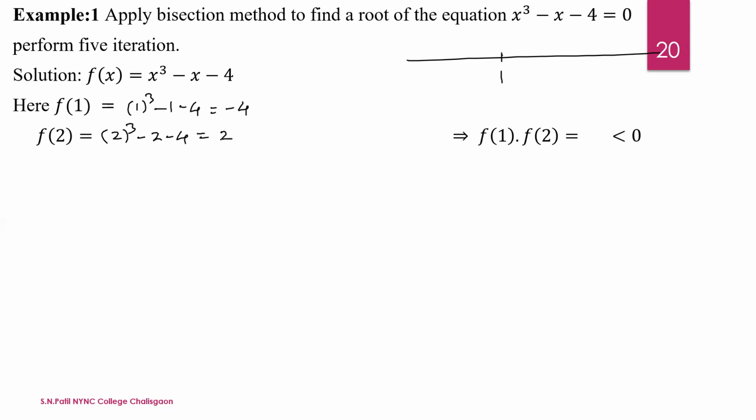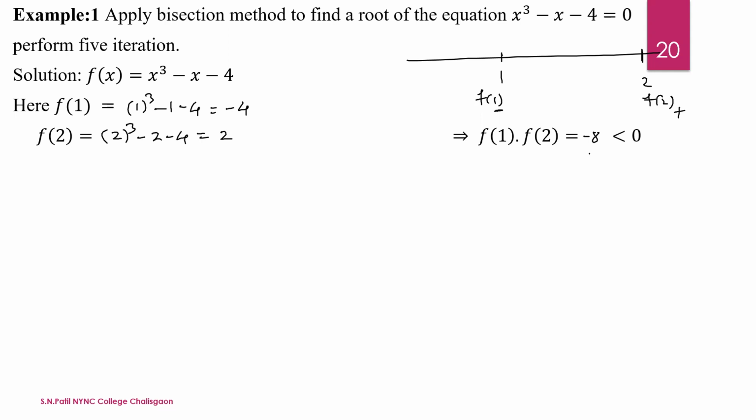So we get opposite signs. f of 1 is negative and f of 2 is positive. The product of f of 1 and f of 2, minus 4 into 2, is minus 8, which is negative.